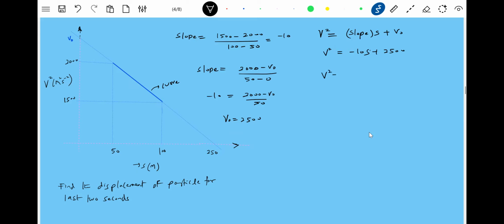This is similar to v square. Okay, this should be 50 whole square is equal to 2 into minus 5 into s.